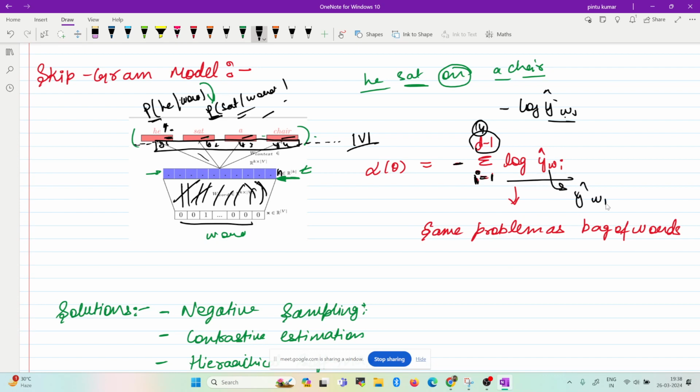This y hat w_i would again be obtained in a similar manner using your softmax. So you have the same problem as in bag of words: it is computationally very expensive. To overcome this problem, you have three methods.